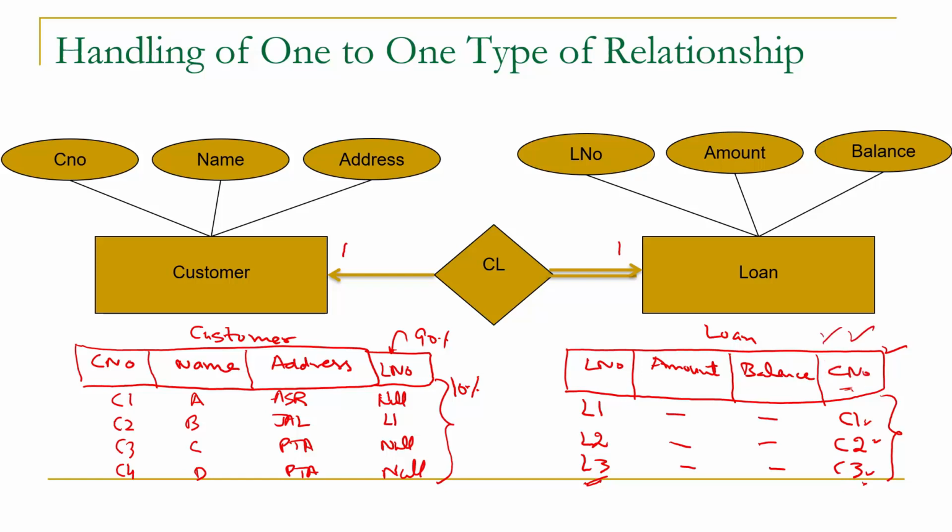If we have a relationship involving an entity set of total participation, then it is always better to copy the primary key of the other towards the entity set which has total participation, because in this case there will be no nulls in the database.